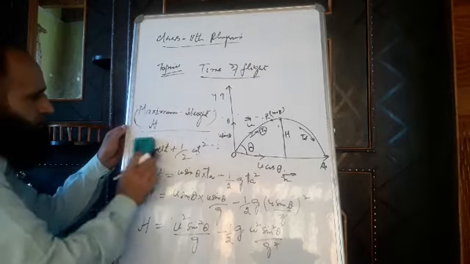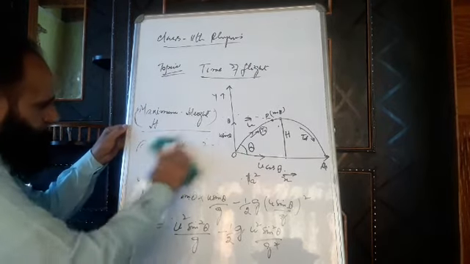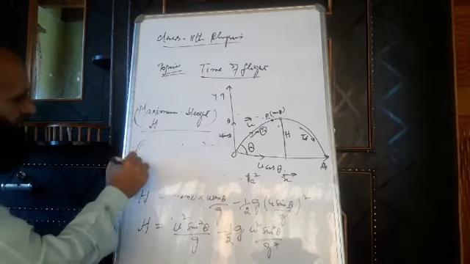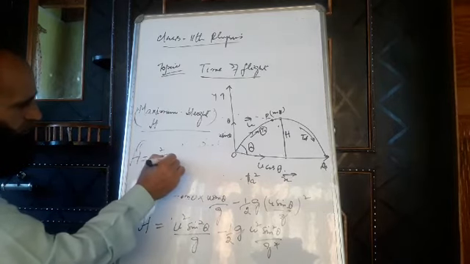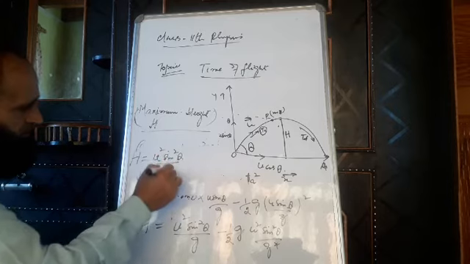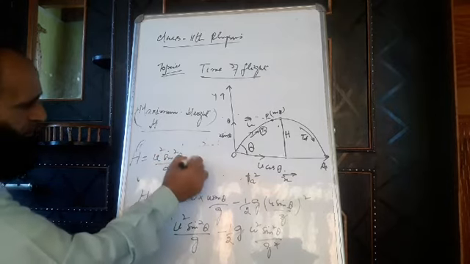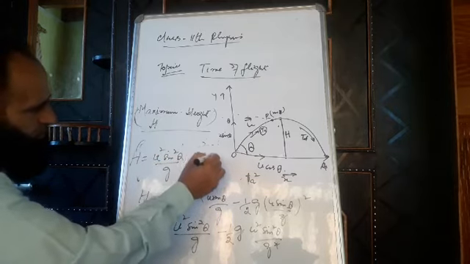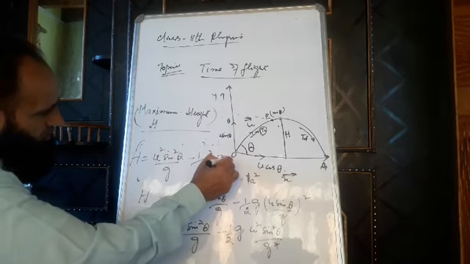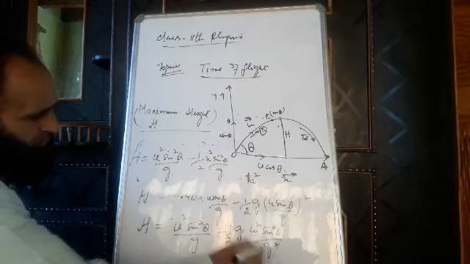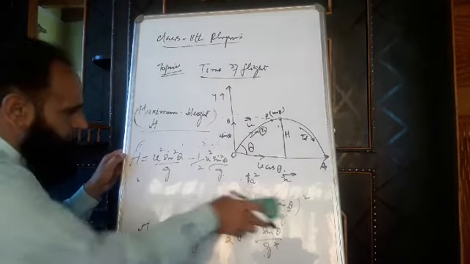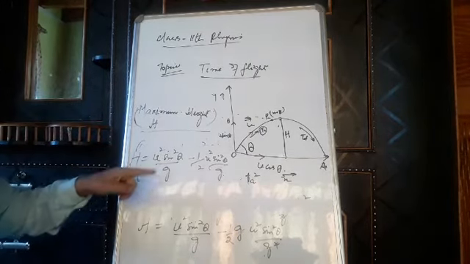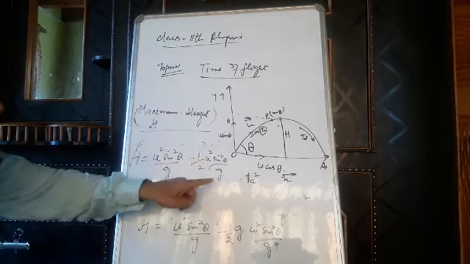We get h is equal to u square sine square theta divided by g minus 1 half u square sine square theta divided by g. One g is cancelled. Okay.